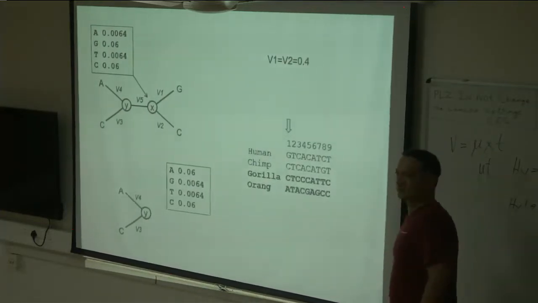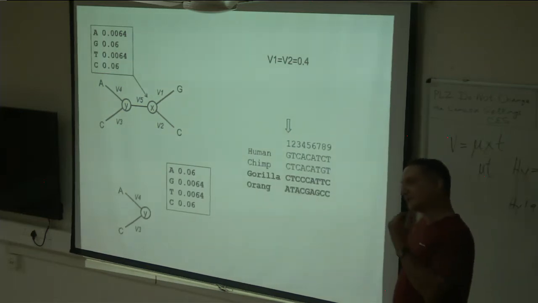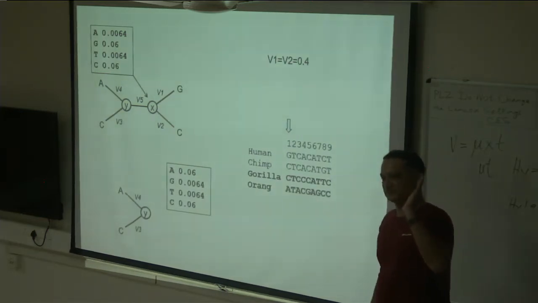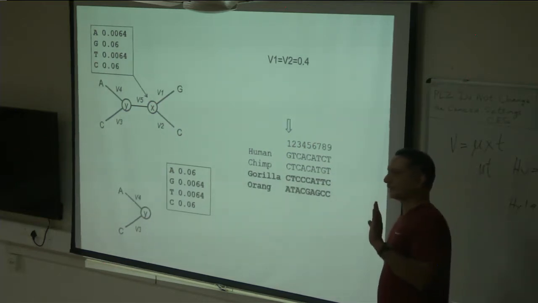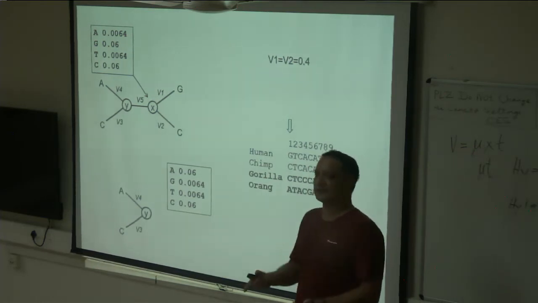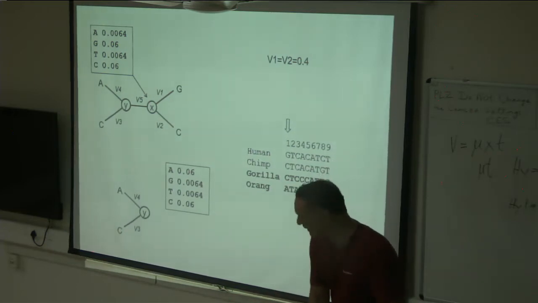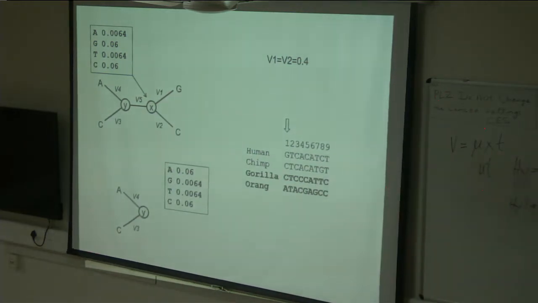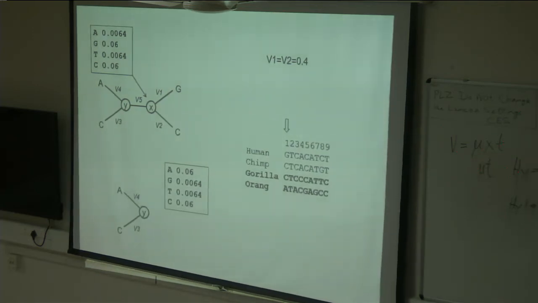Can you tell me what is the assumption? Branch length. I kept branch length constant at 0.4, all the branches. The right way to do it is you change the branch length and see if your likelihood score increases. So my tree basically had all the branches the same length.